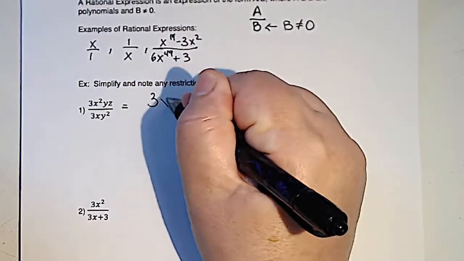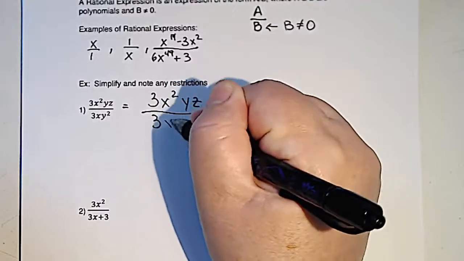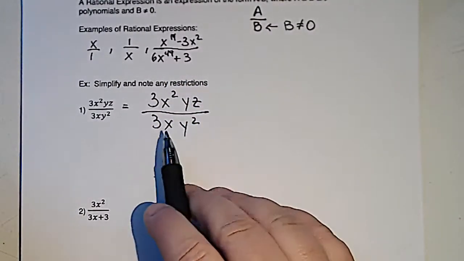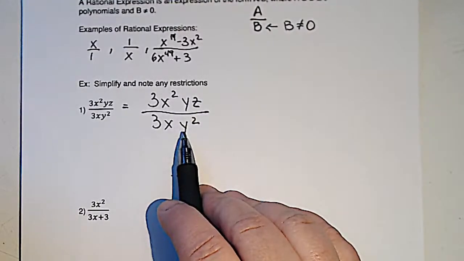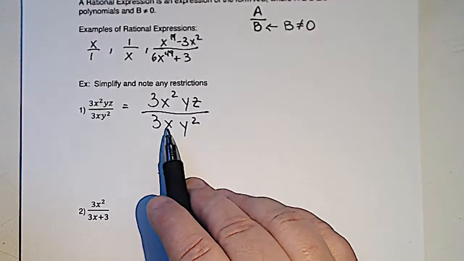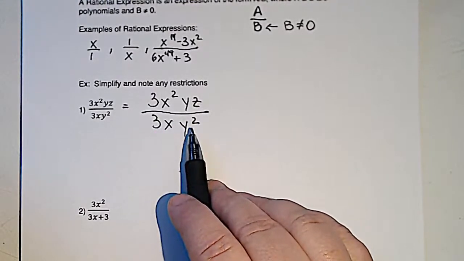So let's look at what's going on here. If I've got 3x squared yz all over 3x y squared, a couple things are happening. I've got an x and a y in the denominator. There's a single term here. So if either x or y is 0, we multiply by 0, the whole denominator becomes 0.